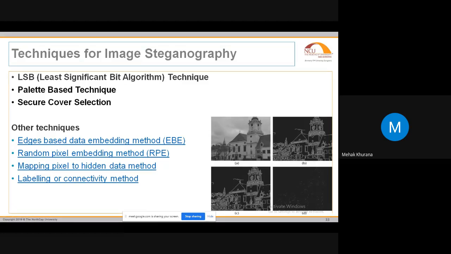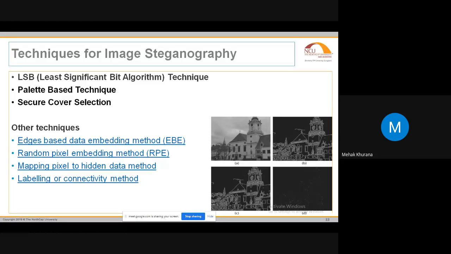So this edge-based data embedding method says that you can hide inside the edges. On the right hand side, the picture shows figure A, that is the actual image, and the B image, which shows only the edges of that picture. These edges are marked, which shows that we can hide the data in the edges also.